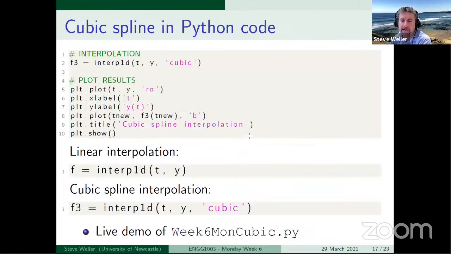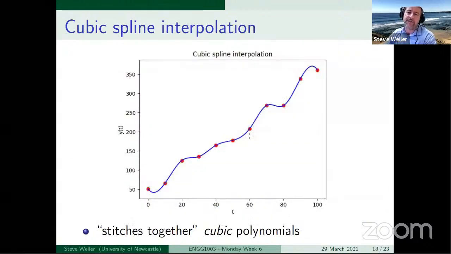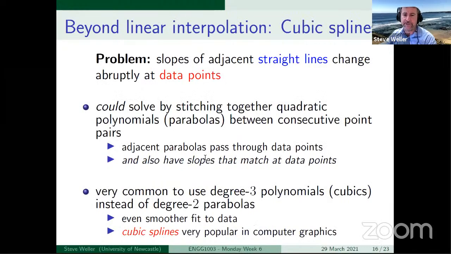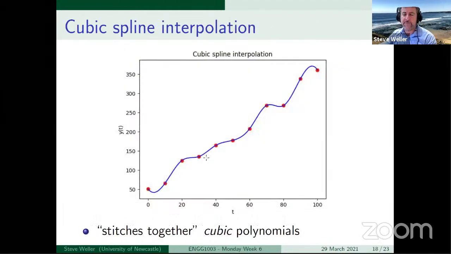Probably not. But I would argue that a smooth interpolation is likely to capture the real behavior between the red dots better than this straight line interpolation. So cubic splines are wonderful, very powerful.